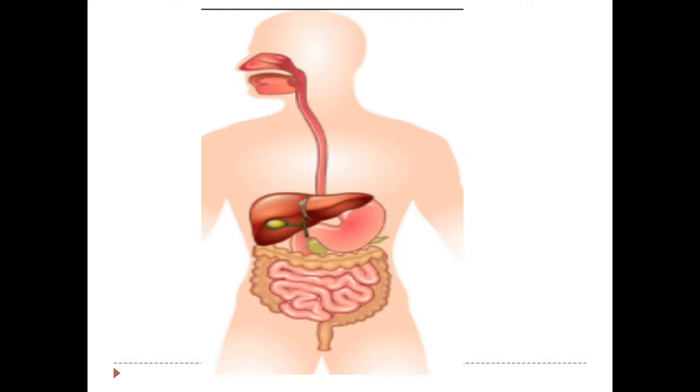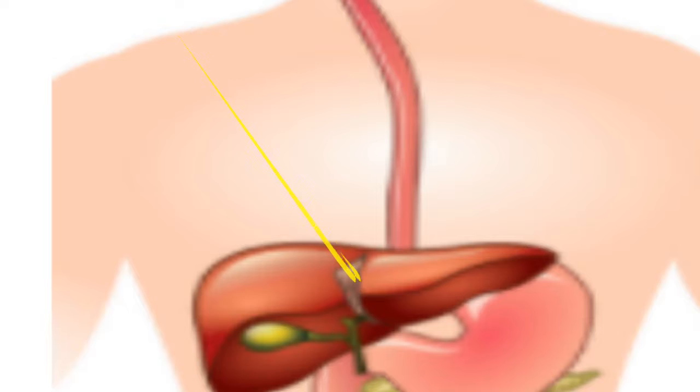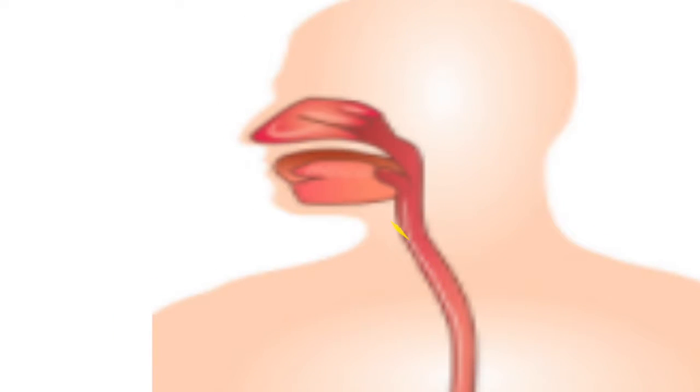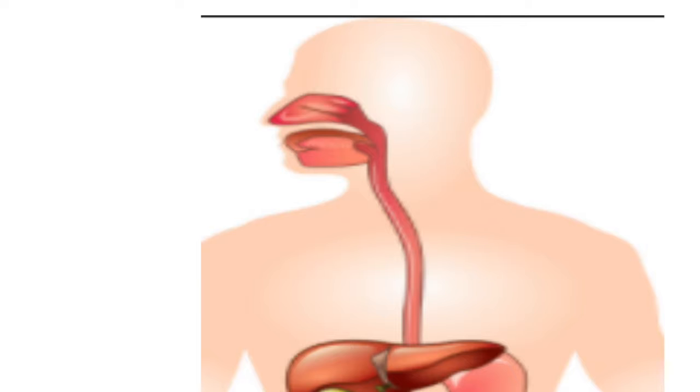As you can see in the picture, the digestive system starts from the mouth. From the mouth it goes through the buccal cavity. After that, it goes through the esophagus. This pipeline structure is called the esophagus.